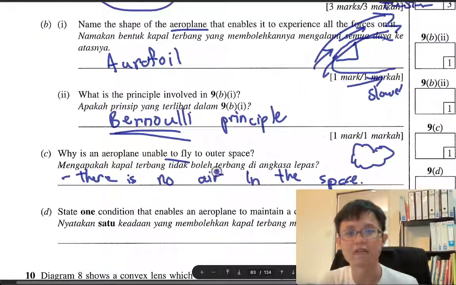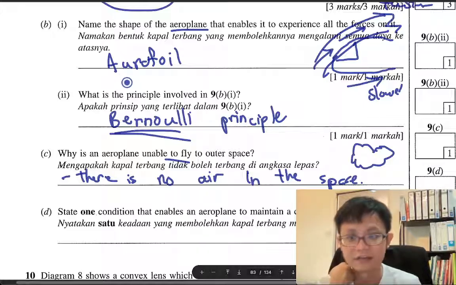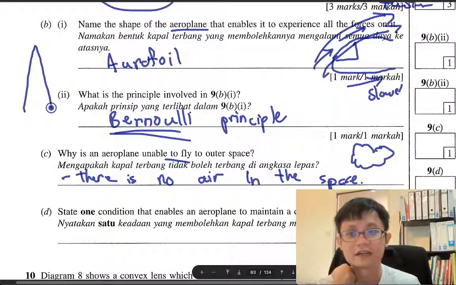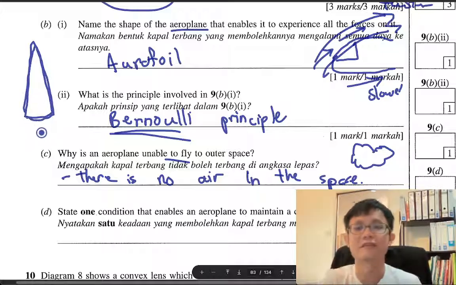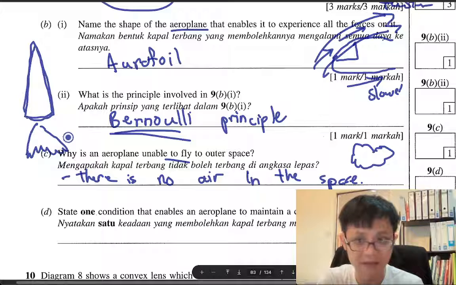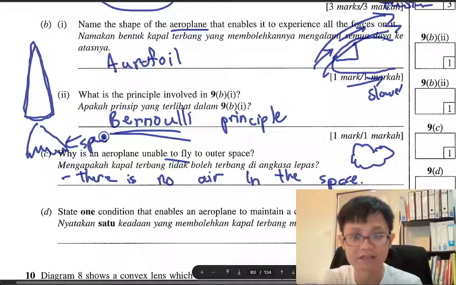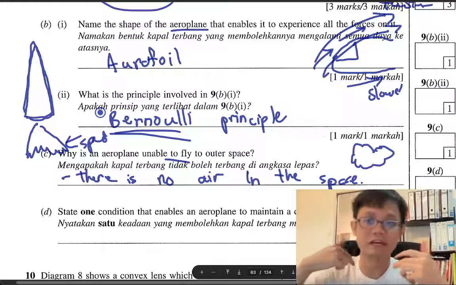That is why in order for something to move in space, you need to use the principle of momentum. For example, like the rocket. The reason the rocket can fly is because of the principle of momentum. There is fire thrown out at a very high speed. The faster the speed coming out, the more force it creates.